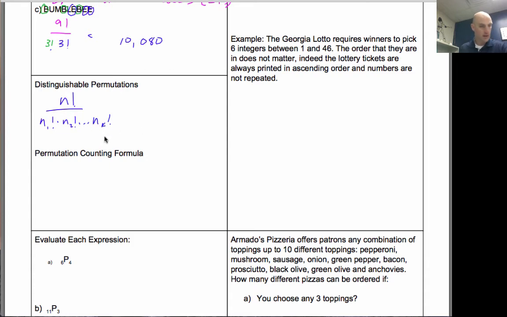What does that mean? On the bottom are given objects of a certain kind.